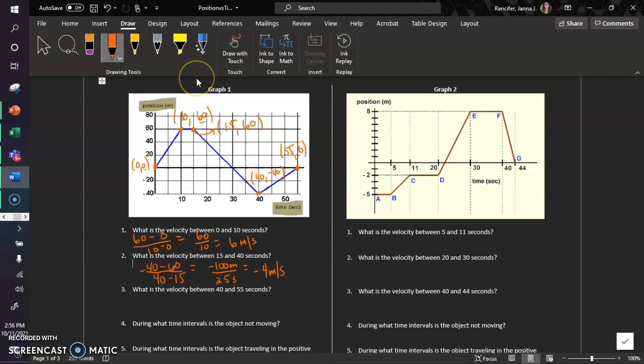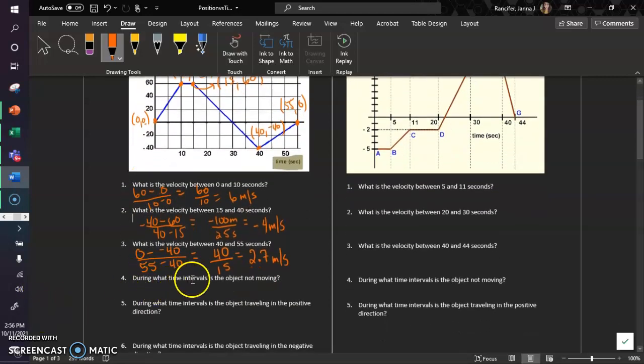So the velocity is y2, which is 0, minus y1, minus a negative 40, divided by x2, which is 55, minus 40. 0 minus a negative 40 is positive 40, divided by 15. I can plug this into my calculator. 40 over 15 is around 2.7 meters per second.